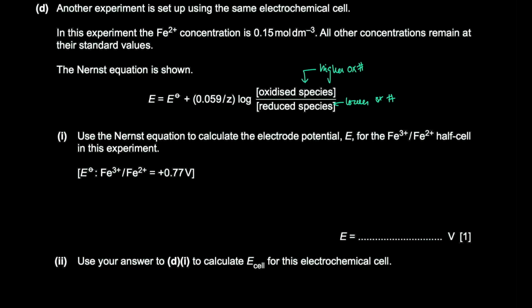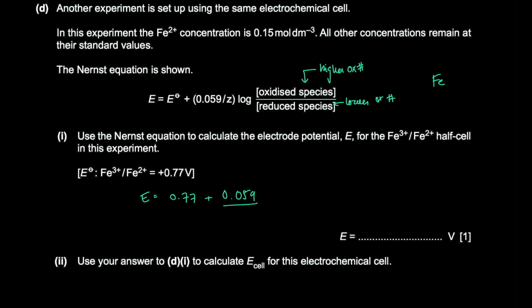The concentration of Fe3+ remains the same, right? So that's 1 mole per dm3, a standard value. So we can say that E is equal to E naught, which is 0.77, plus 0.059 over z.